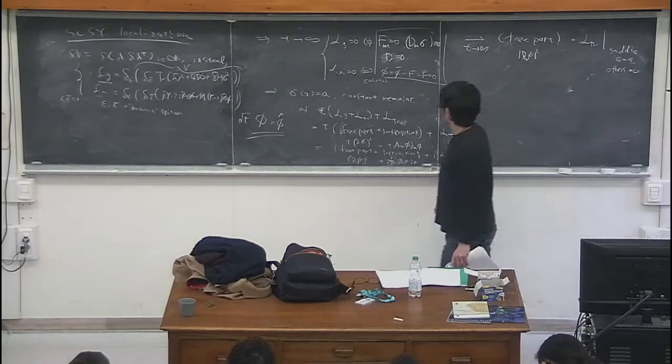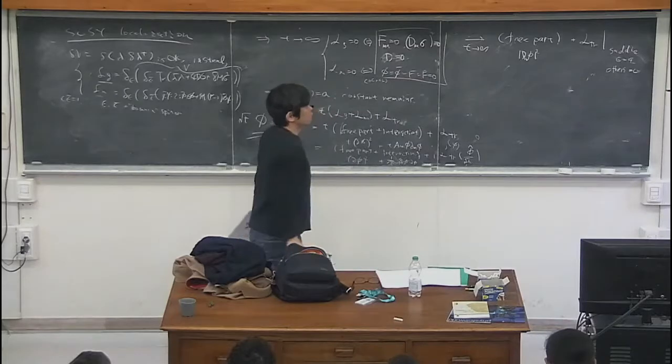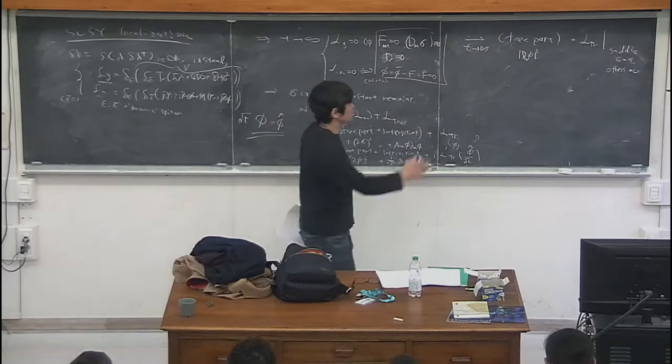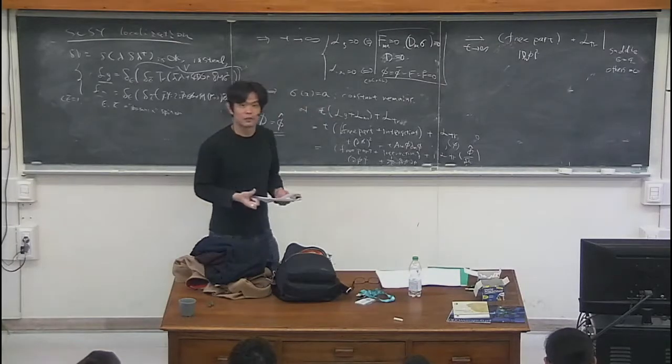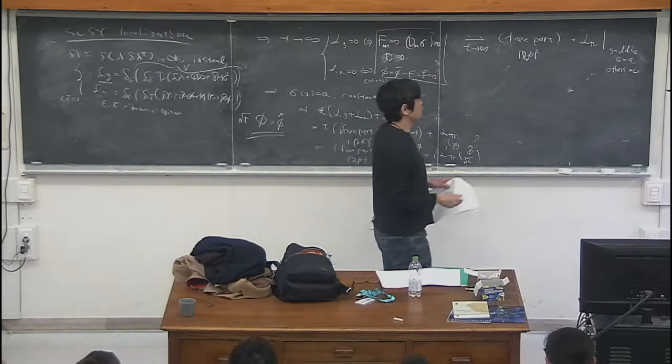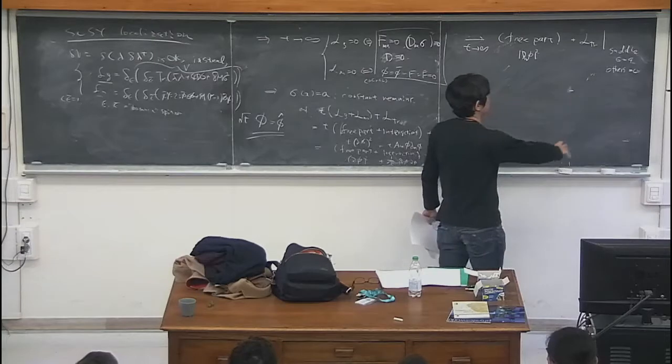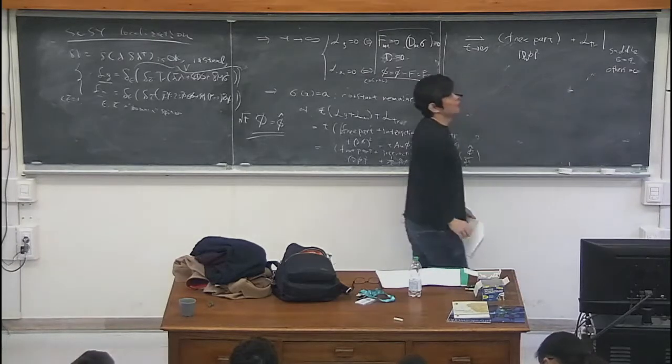We first integrate out this free part, which is just a free field theory. Then the remaining one is just an integration over this A for the saddle point.